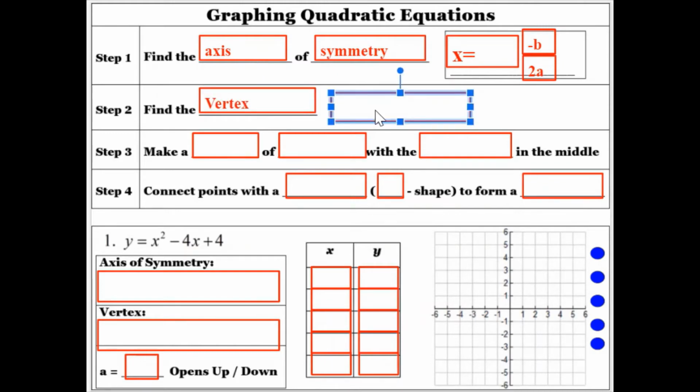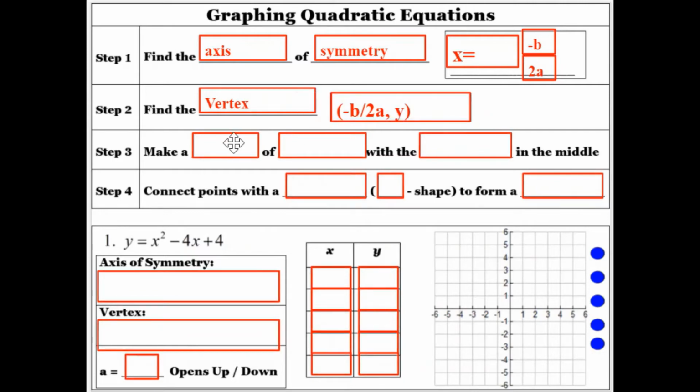And we're going to do that using the axis of symmetry. So we said on the last slide that the vertex is on the axis of symmetry, which means the x value is going to be whatever this is. So the point will be that negative b over 2a, and we're going to put that into the equation and figure out our y value. And we'll see what happens when we try an example there.